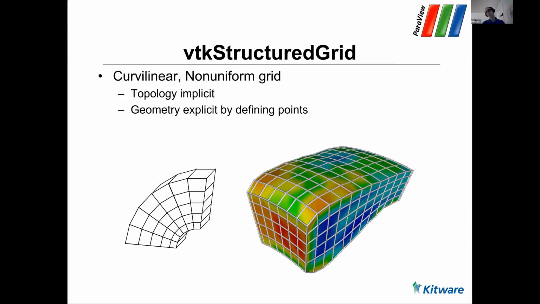The topology, so you still store the data set in a 3D array, but the point positions can be anything. Think about this data set as the previous one, the rectilinear grid, where you deform the grid. You just move the points anywhere. So you store a little bit more information here.